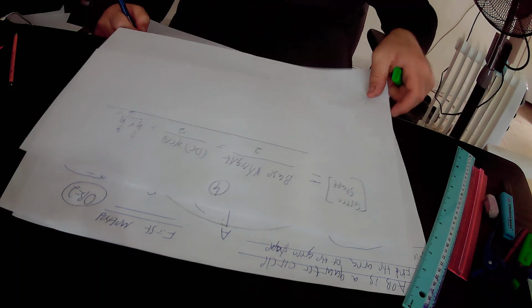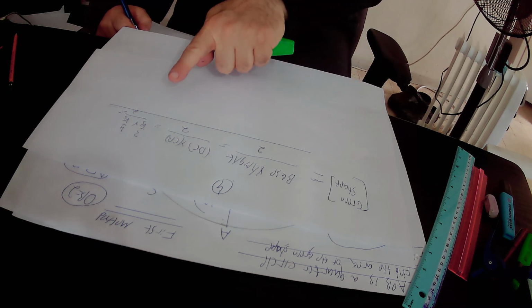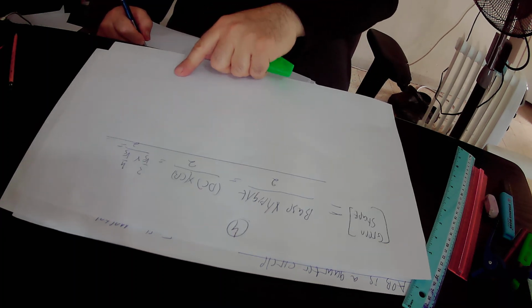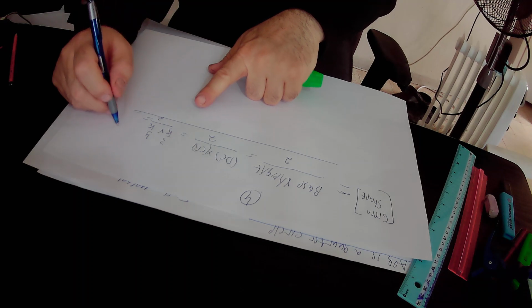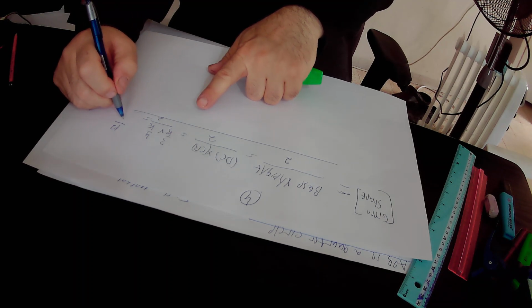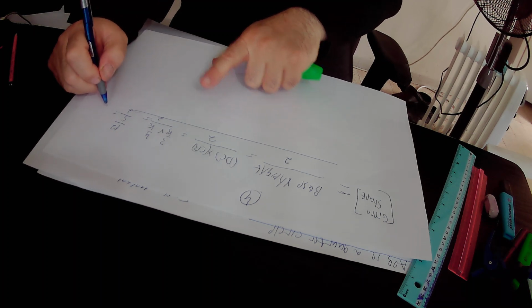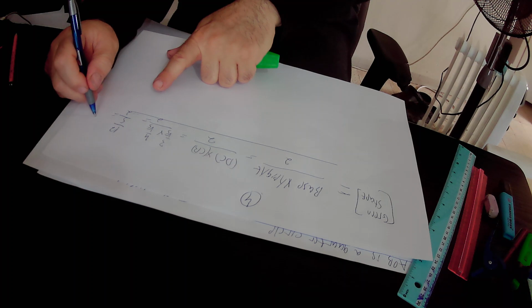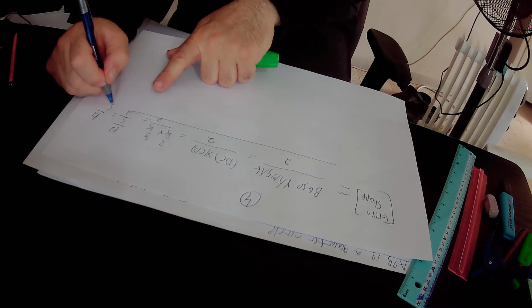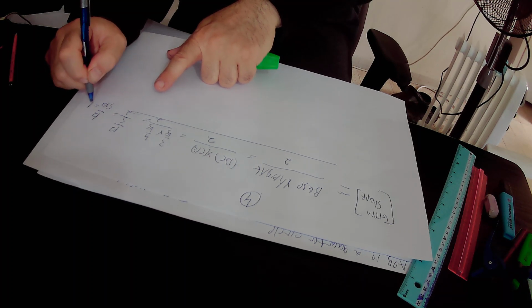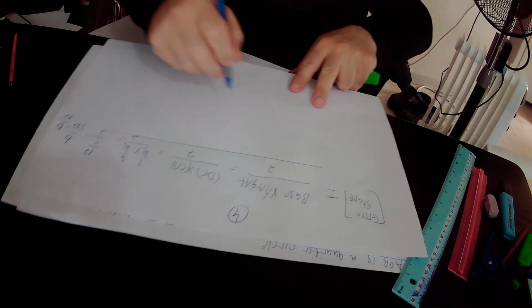So the area of the green shape equals this expression. Here 3 times 4 is 12, over square root of 5 times square root of 5, which is 5, divided by 2. 12 over 5 over 2 is 12 over 5 times 2, so it is 12 over 10.